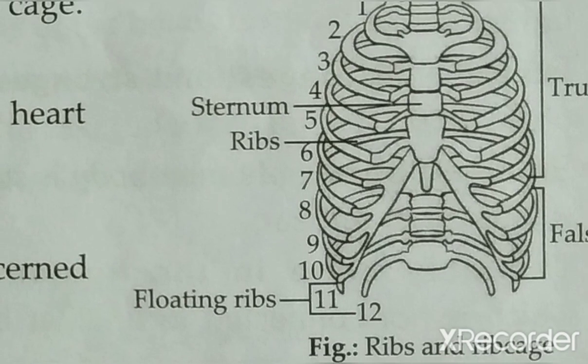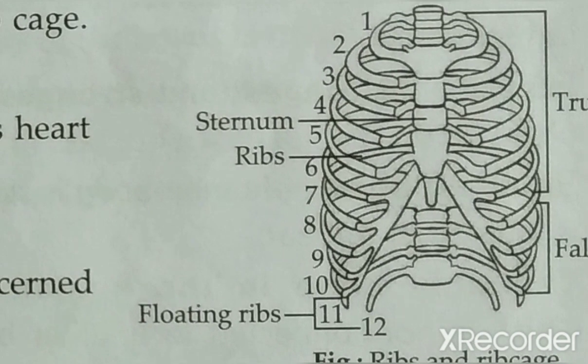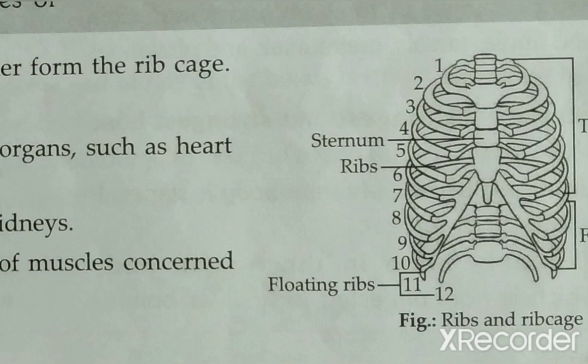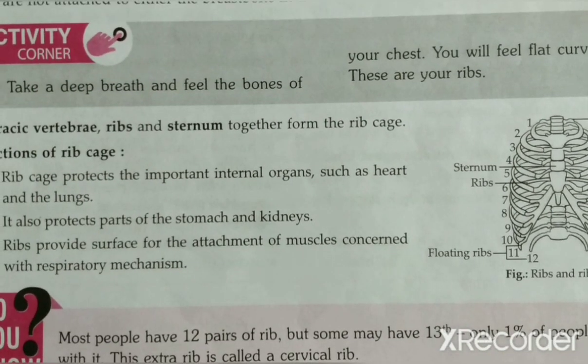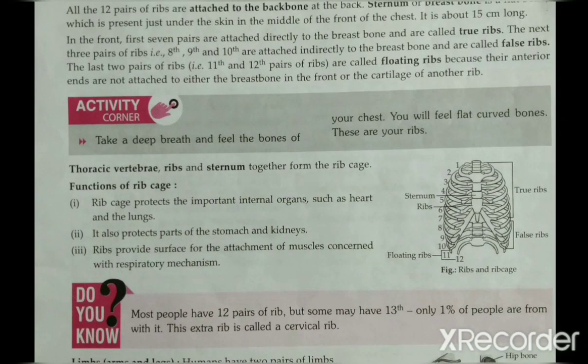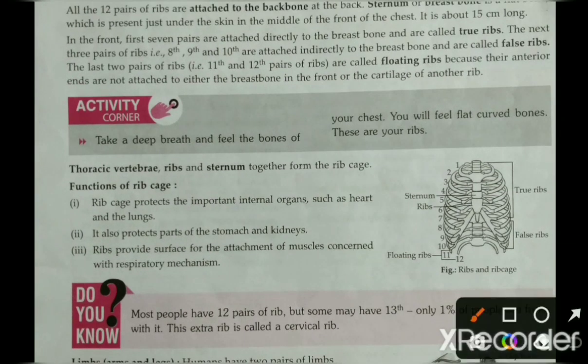And the last two pairs, the 11th and 12th, are not attached to any of these, they are like floating, so they are called floating ribs. 11 and 12 are called floating ribs, and 8, 9, 10 are called false ribs, and true ribs are nothing but the 1 to 7 pairs of the ribs.